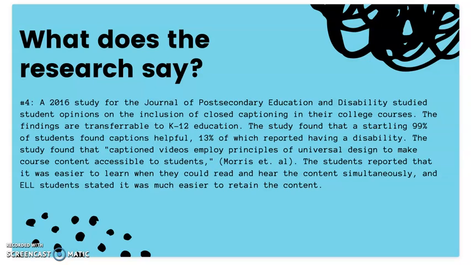The study found that caption videos employ principles of universal design to make course content accessible to students. So that goes back to how closed captionings provide multiple modes of representation and engagement. The students reported that it was easier to learn when they could read and hear the content simultaneously, and ELL students stated it was much easier to retain the content.